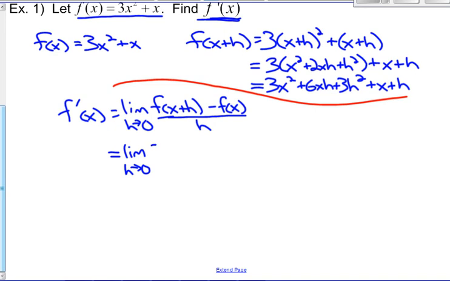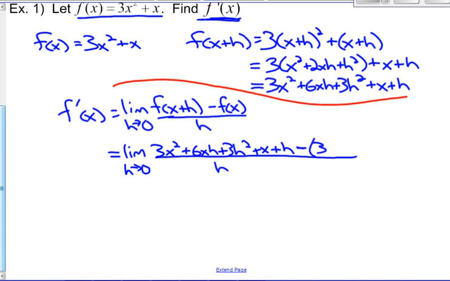So it's this long thing here: 3x squared plus 6xh plus 3h squared plus x plus h, and this is all over h. And I also need to subtract off f of x, and make sure I put it in brackets. I'll keep going with that.